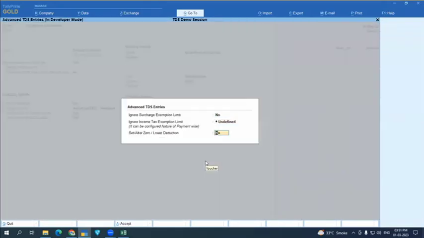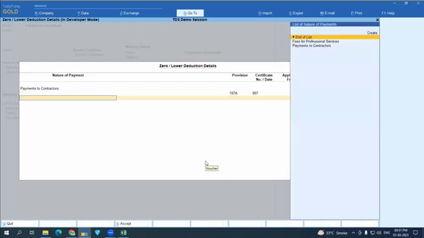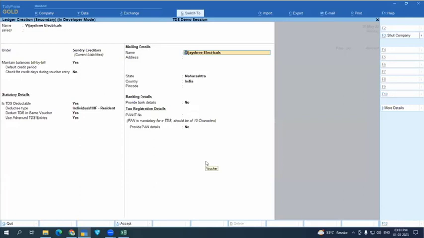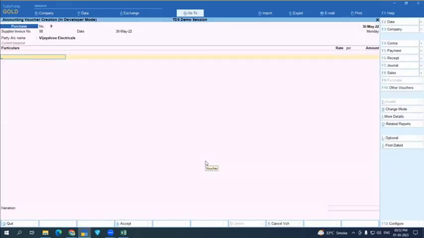Yes, again I'm putting here 197A zero rated, certificate number 897 from 1st April to 31st March, and it is zero rated. So obviously the cursor will not go to the 0. It is not required to say 0. Done. I am putting here labor charges and taking 1,35,000.